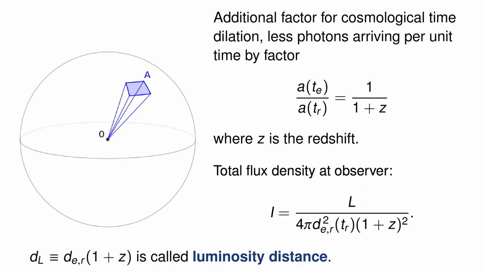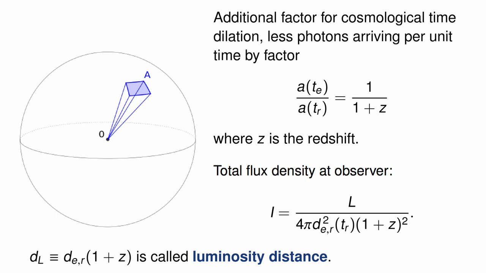If a steady stream of photons, a certain number of photons in a certain unit time, departs from this source, then these photons will be spaced farther apart and reach me at a slower rate. That is just cosmic time dilation. So that gives us an additional factor of 1 over 1 plus z, or this scale factor, that I need to include in my formula. One for the rate of photons reaching me, and one for the energy of each individual photon, which is diminished by redshift.